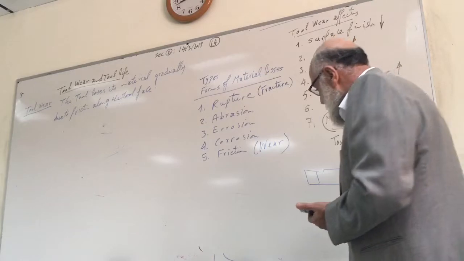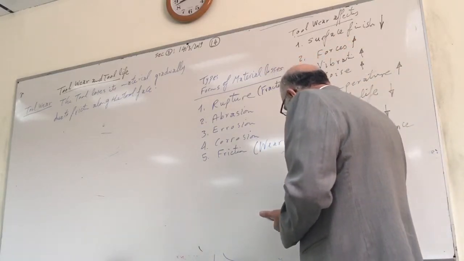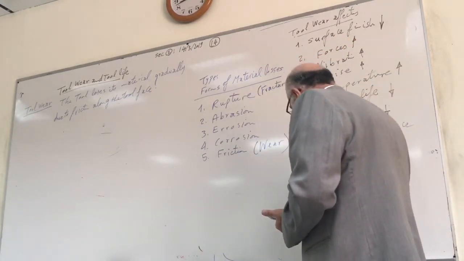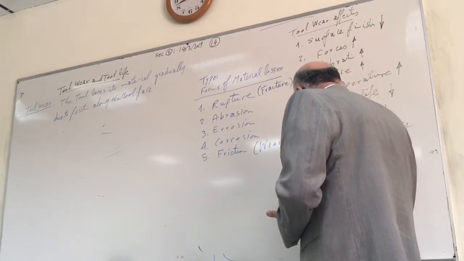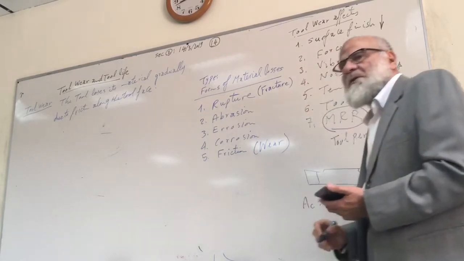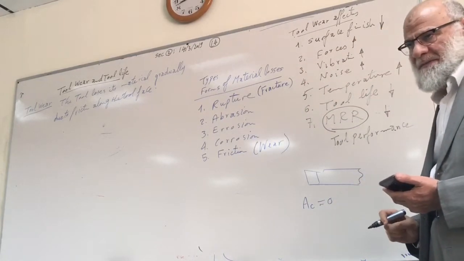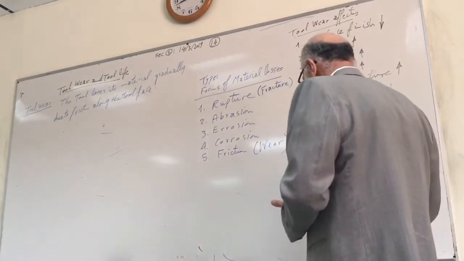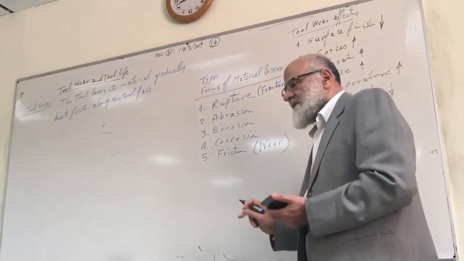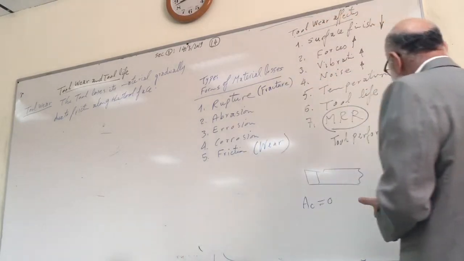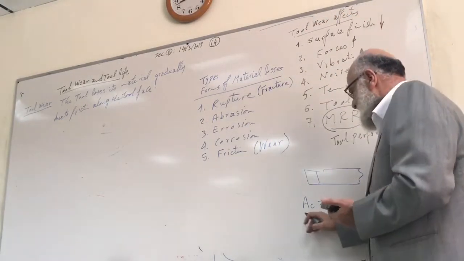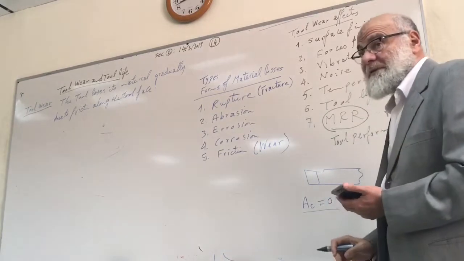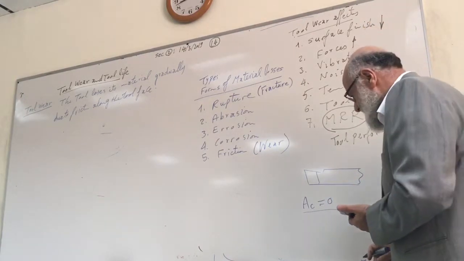And by touching the workpiece at a point, the area of contact between the tool and the workpiece will equal 0. If you have a pointed part, the touch between the pointed part and another body will be on a point, the contact area equals 0.